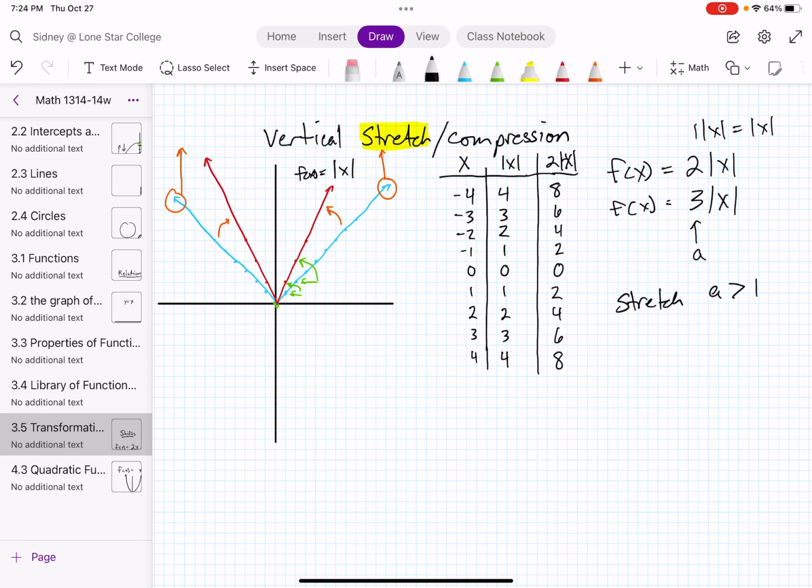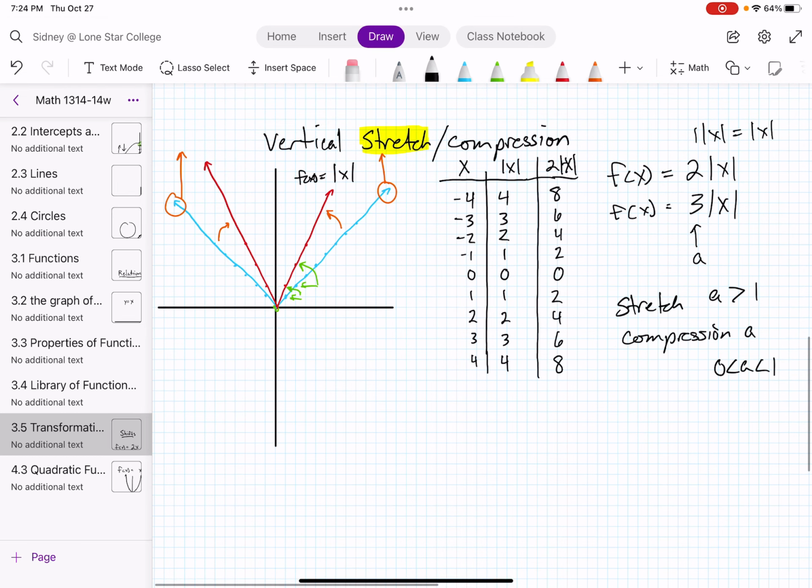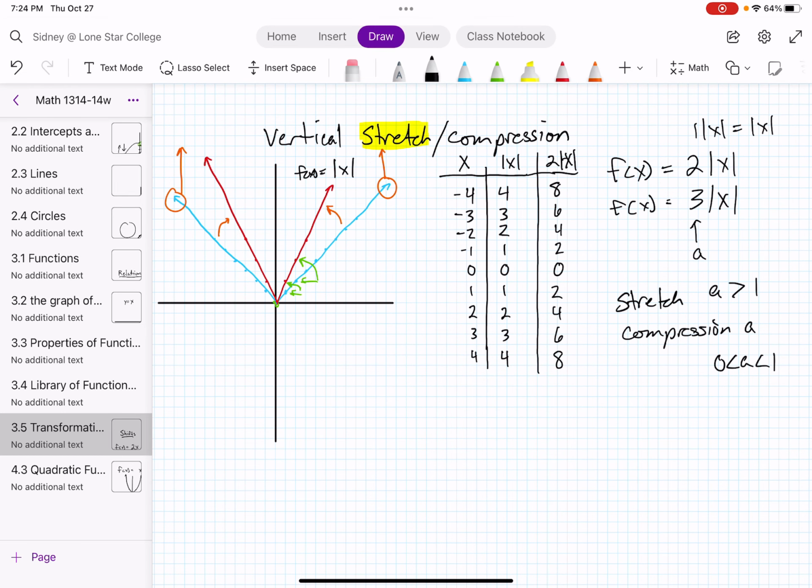It's going to be stretched up. So if a stretch means a is greater than 1, then hopefully it's intuitive to you that compression is when a is between 0 and 1.